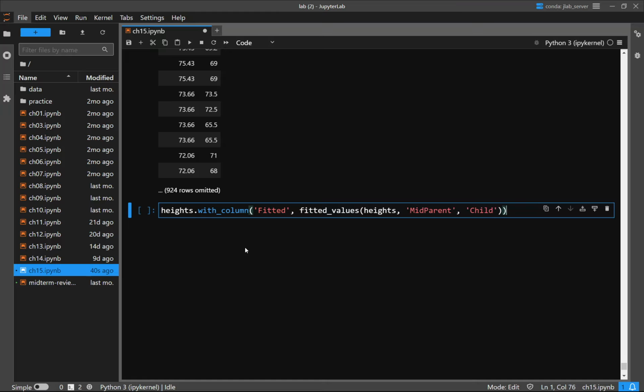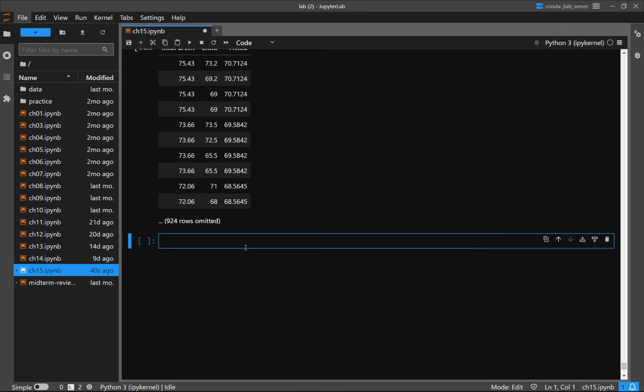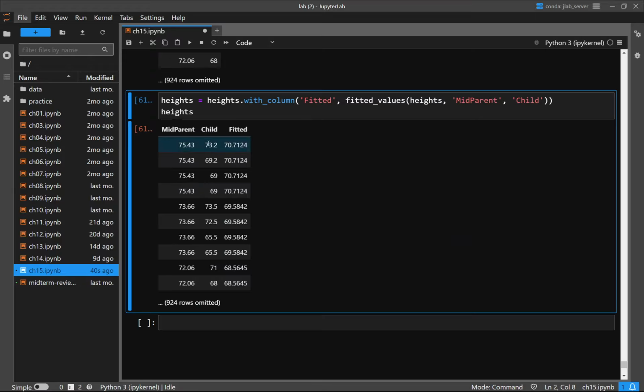Ta-da! That's just our estimates. I'll make that back into heights. So here, mid-parent, the child, and here's the fitted value, which is just another name for our estimate, our estimate of the child height using linear regression. And you see that it's off a little bit.